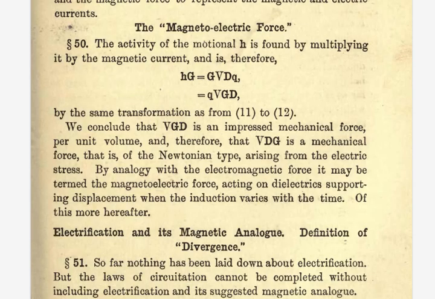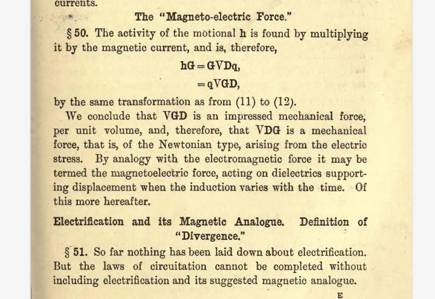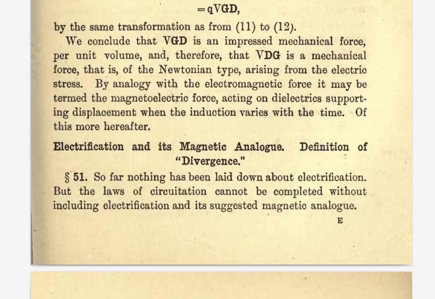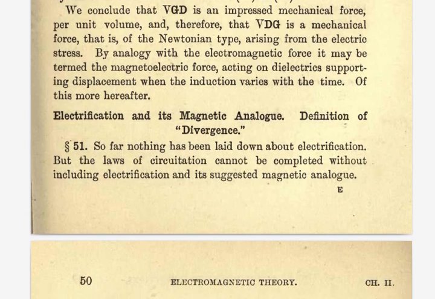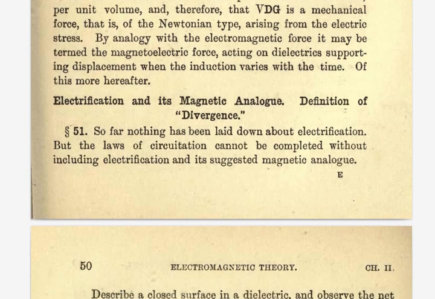We conclude that the vector product GED is an impressed mechanical force per unit volume, and therefore that the vector product DG is a mechanical force, that is, of the Newtonian type, arising from the electric stress. By analogy with the electromagnetic force, it may be termed the magnetoelectric force, acting on dielectrics supporting displacement when the induction varies with the time. Of this more hereafter. Electrification and its magnetic analog.